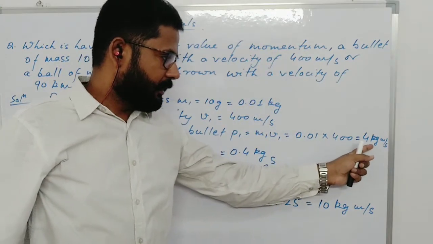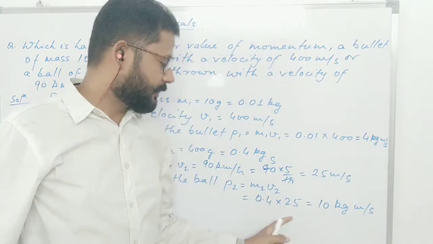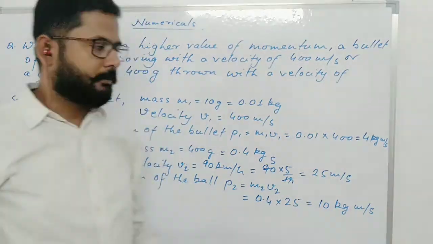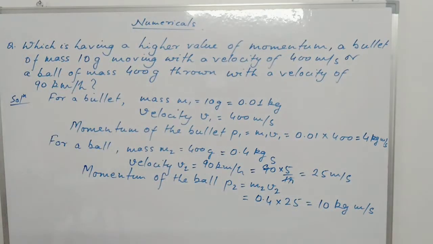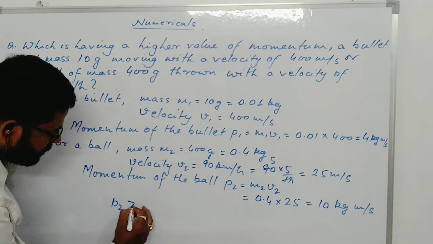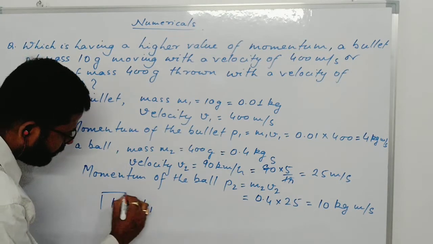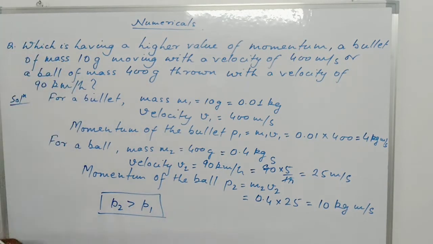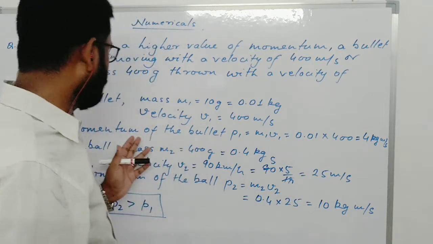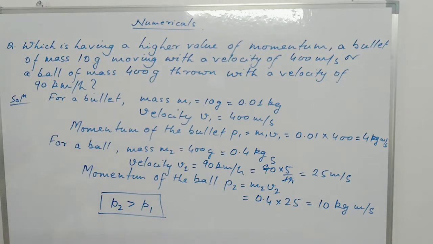The momentum of the bullet is 4 kg meter per second and the momentum of the ball is 10 kg meter per second. So the momentum of the moving ball is greater, meaning p2 is greater than p1. You can write it in words also: the momentum of the ball is greater than the momentum of the bullet. Got it?